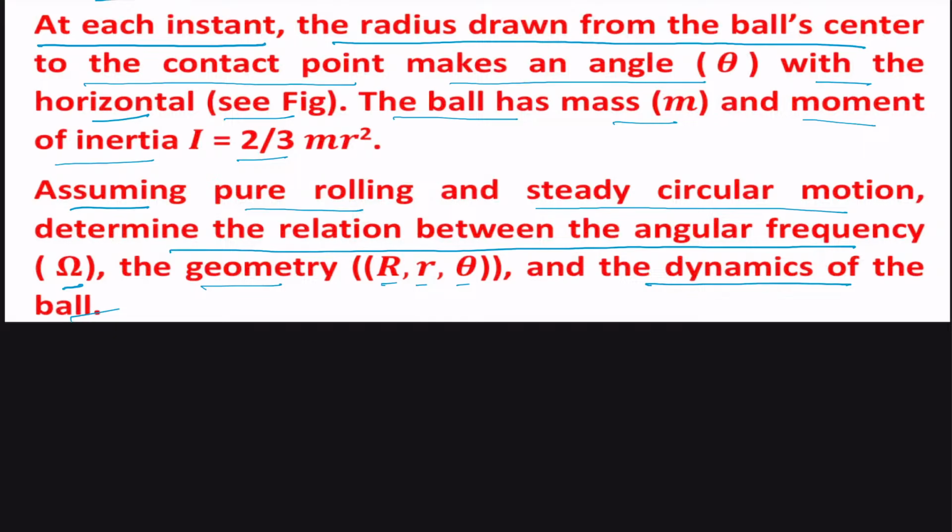So let me draw the figure, and we are given a ring, or we can say basketball ring, we can also call it a hoop. So this is the hoop, and within this hoop we have a basketball which is traveling around this rim.